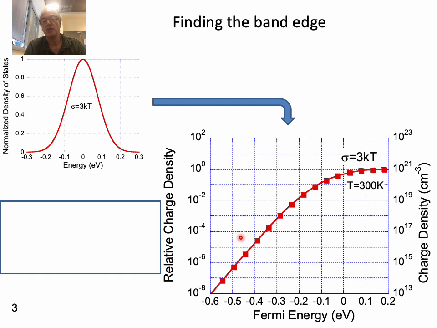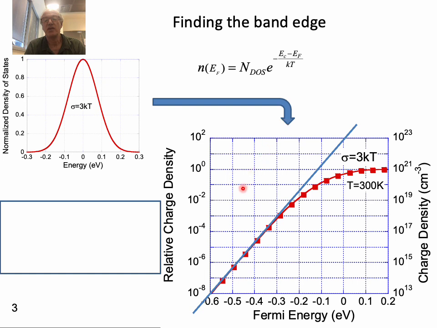However, we don't really want to use the full Fermi integrals, because it's much more efficient or easy to use the Boltzmann statistics. So really what we want is to use this expression, and we want to define EC in this context. So really what we are interested in is the region where we have this exponential growth or exponential decay, and we can see why this Boltzmann approximation is going to hold.